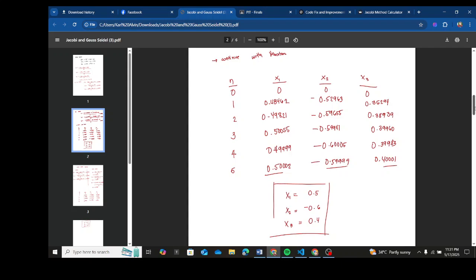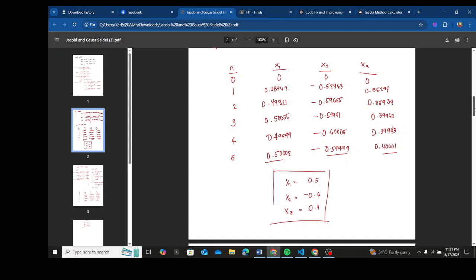Why is that? Because in our final answers for the 3 x variables, the changes between iterations are tiny, so it must be near the accurate solution.